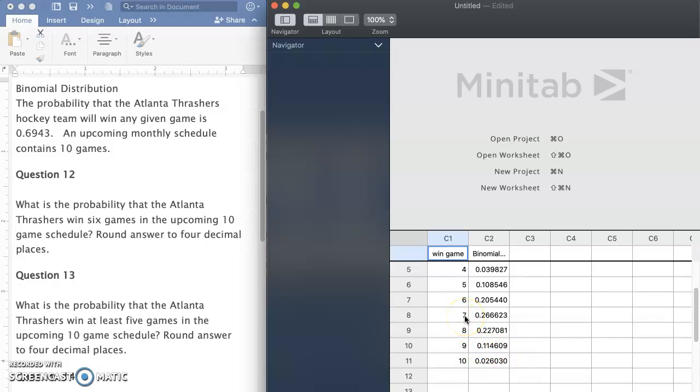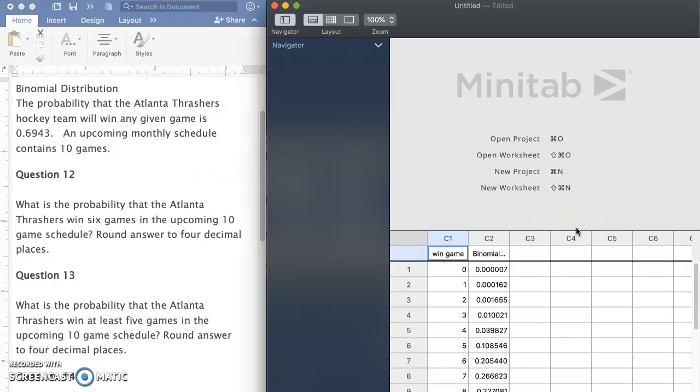The probability that they'll win 7 games is about 26.6. Okay, so that's kind of how you read that. Remember, probability is a decimal, 0.266, and that as a percentage would be 26.6. Okay.